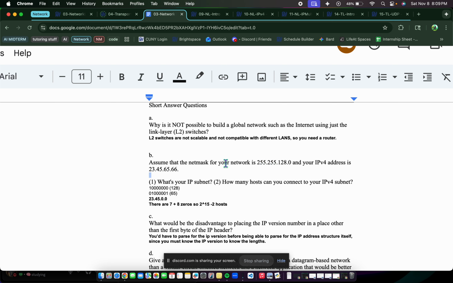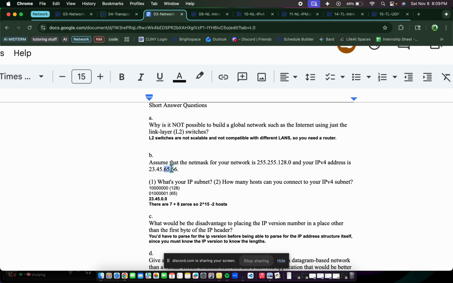So the subnet is going to be 23.45, and then these are zeros.